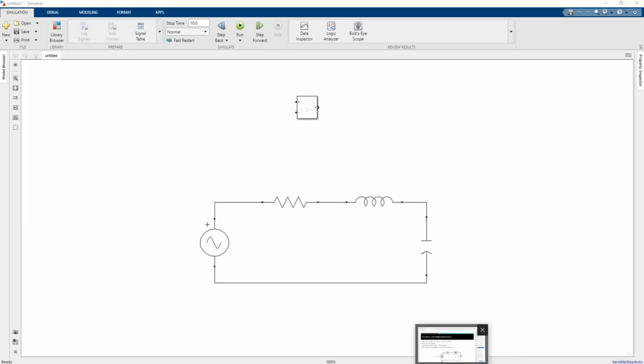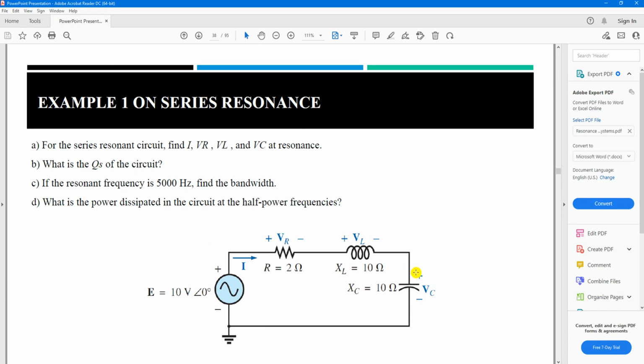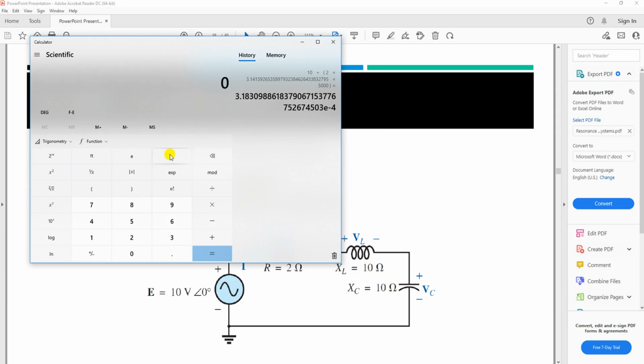Note this one here, capacitance. You know that XC is equal to 10 ohms. So go back here, delete all of this. We know that the capacitive reactance, which is 10 ohms, is equal to 1 over omega C, or 1 over 2 pi multiplied by the frequency multiplied by capacitance.